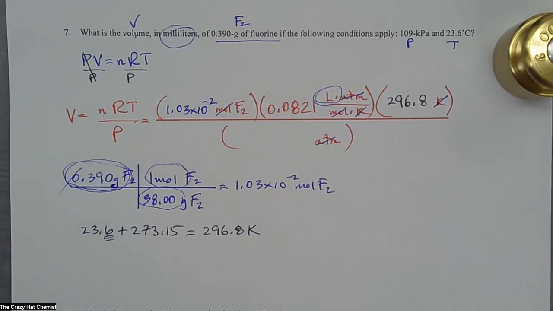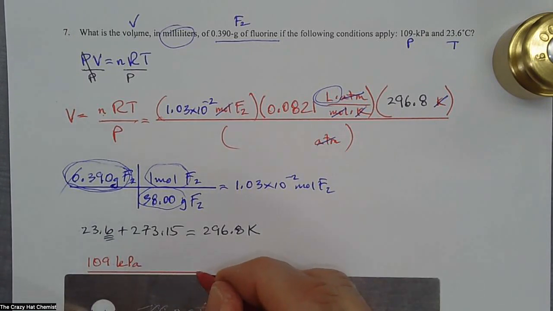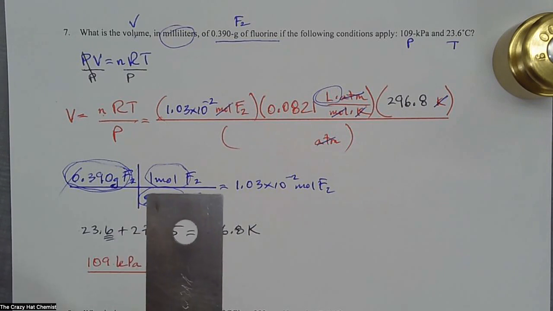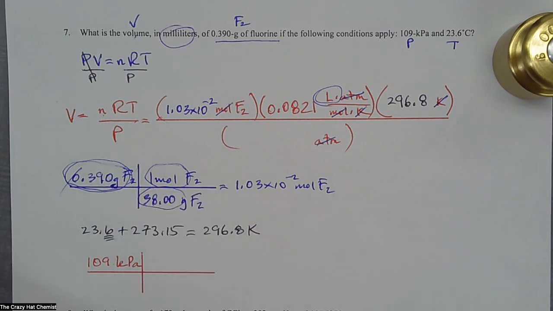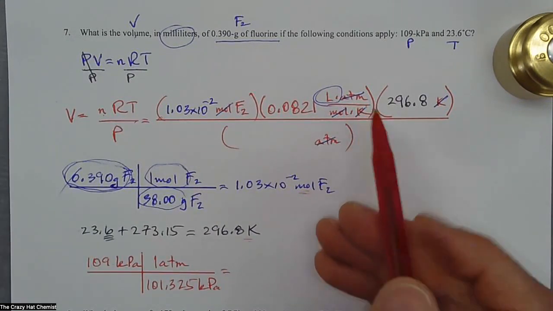I have one more unit conversion to do, and that's going to be atmospheres. I'm going to take this pressure at 109 kilopascals, and I'm going to convert that into atmospheres. Now, I hope everybody understands the reason why I'm going to these specific units of moles, Kelvin, and atmospheres: because the units in the gas constant have those set of units.